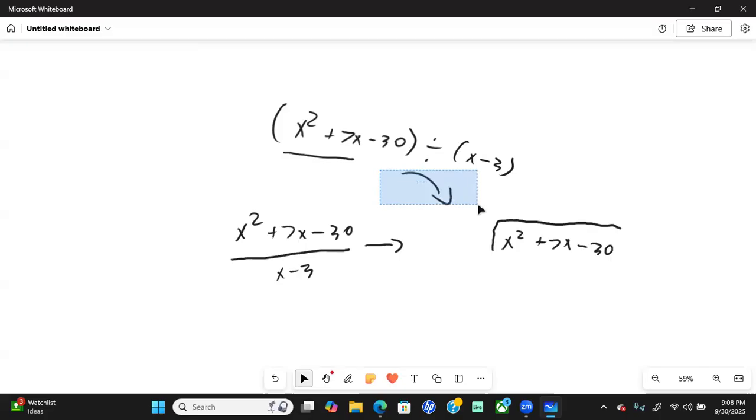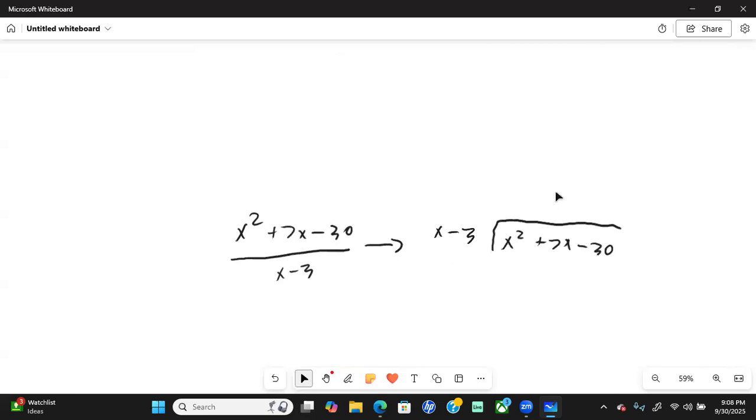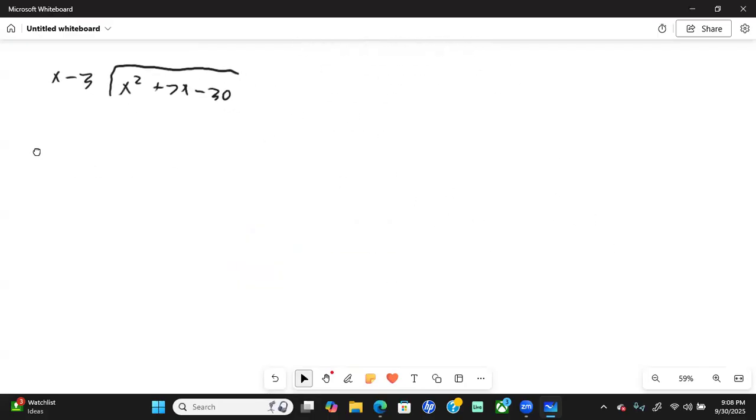So then the x minus 3 goes right here on the outside. So we'll get rid of this. We'll get rid of this. And we'll begin.